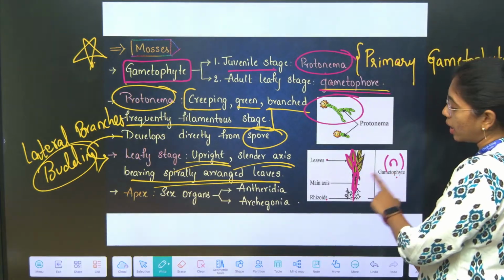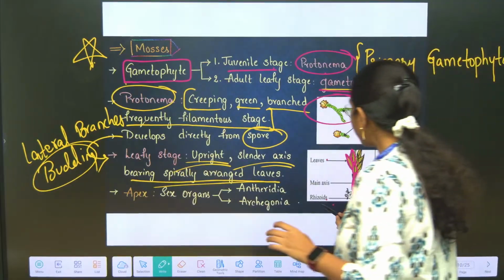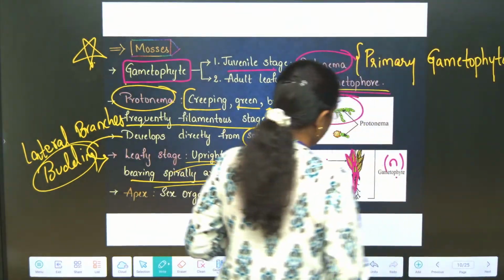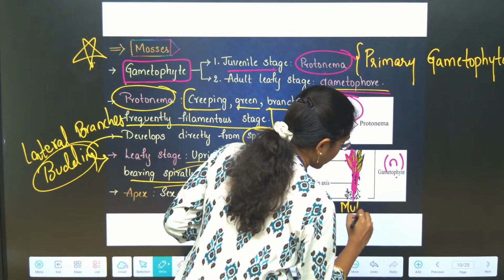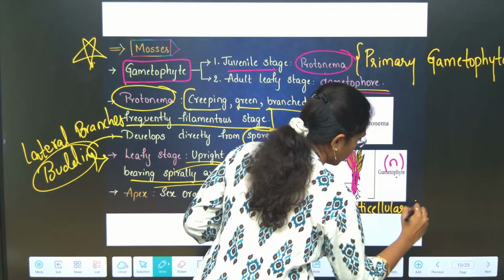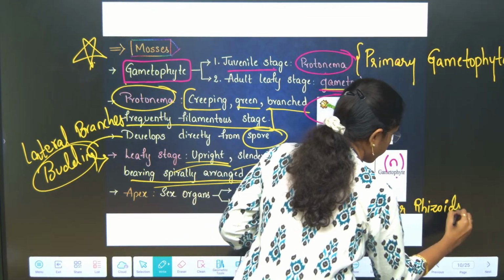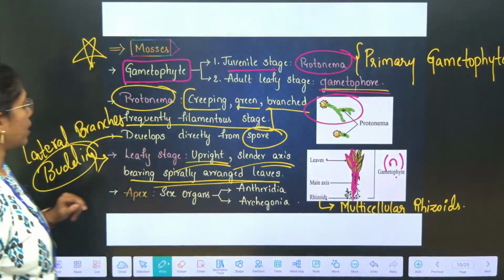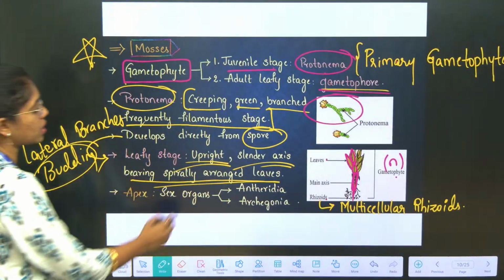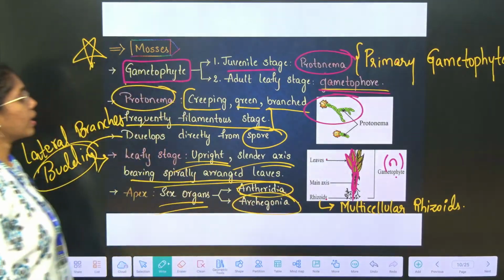Gametophyte is haploid, so rhizoids, main axis and leaves are haploid. The rhizoids here are multicellular rhizoids, clear, right? The apex has sex organs, that is antheridia and archegonia.